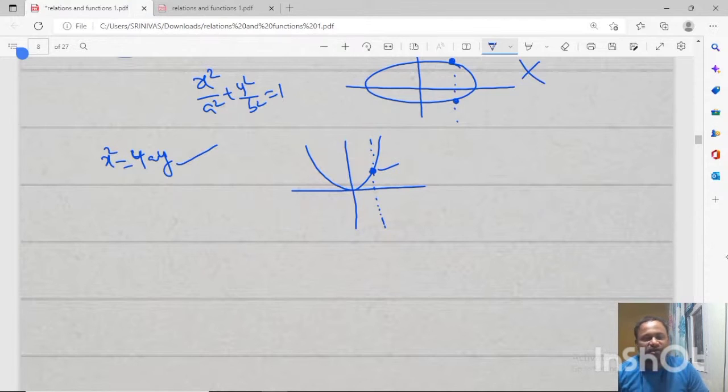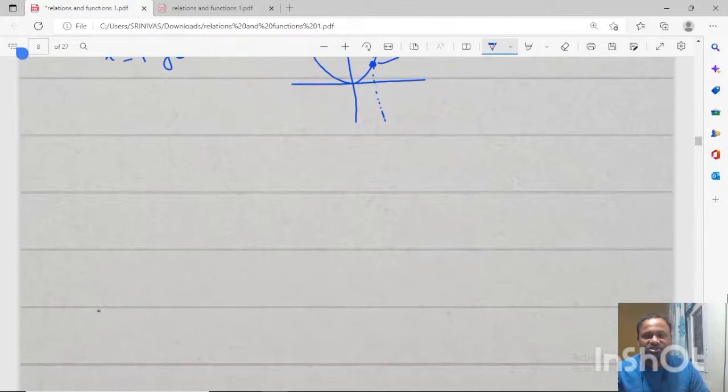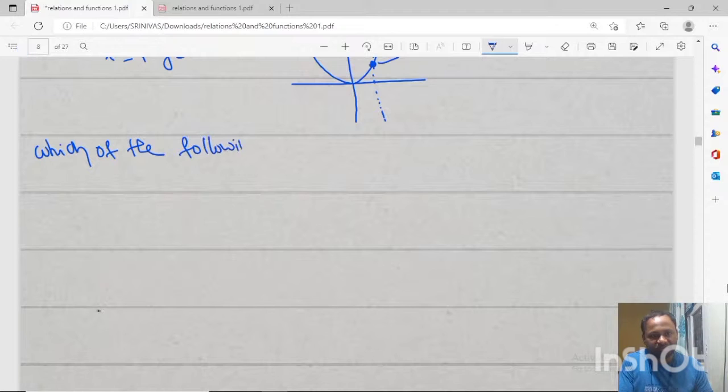Okay. For example, I will give one question. Which of the following is a function?